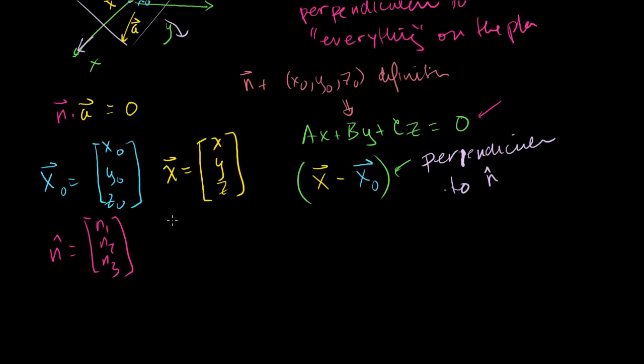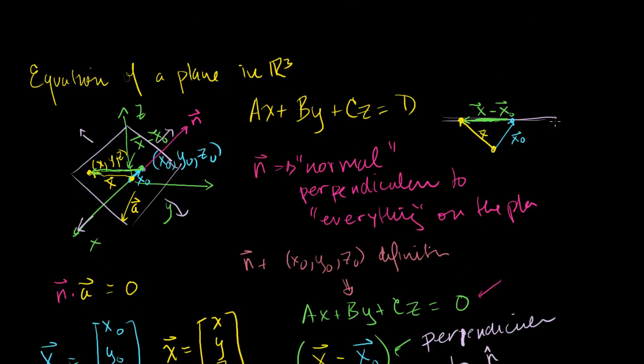Well, we know that n, actually I didn't want to do this caret here. n is not a unit vector. But let's say n is going perpendicular to this. So the dot product of it, we saw that in the previous video, the dot product of n with this vector right here.